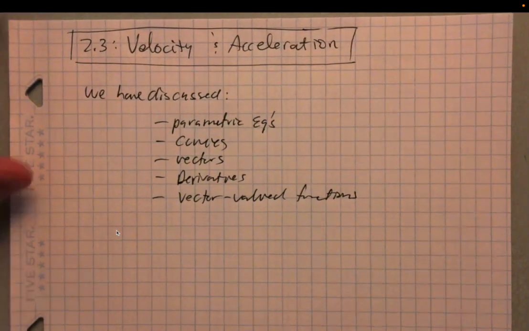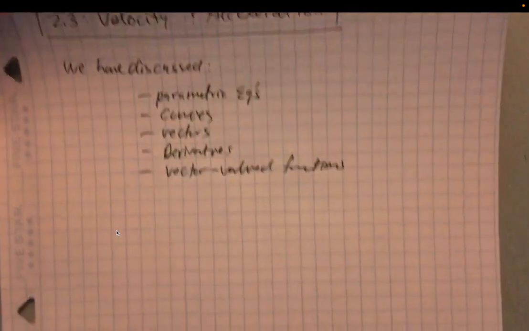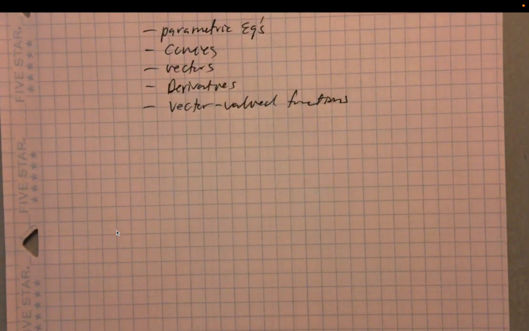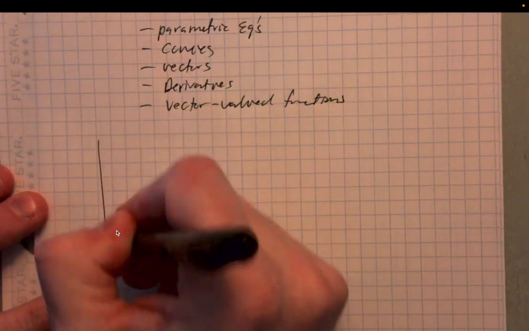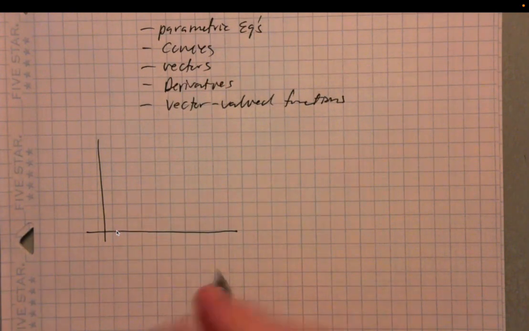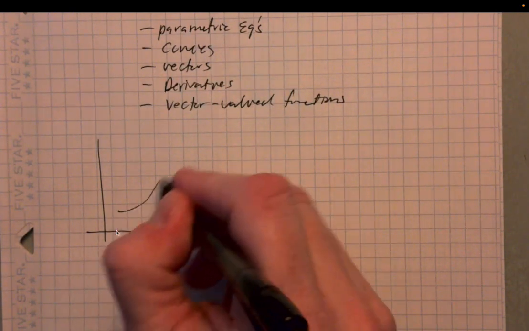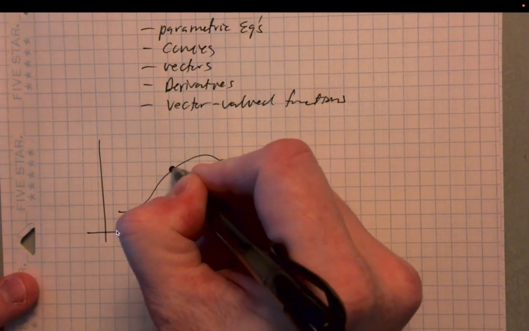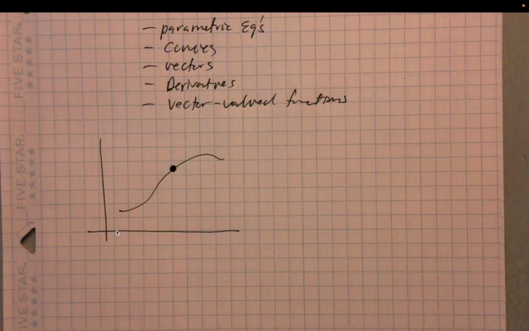So let's get a little bit of background here. What are we talking about here? As an object moves along a curve in the plane, the x-coordinate and the y-coordinate of its center of mass can be considered functions of time, right?